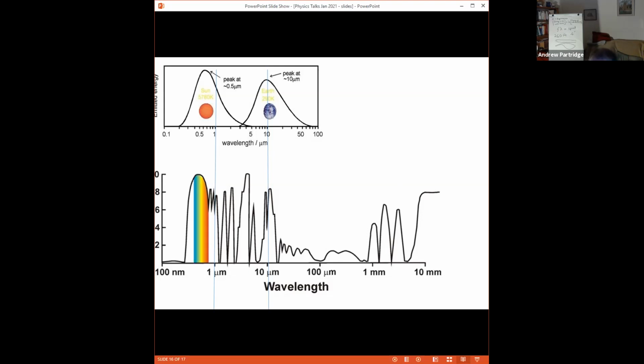I gather that 5G, they're talking about 40 gigahertz, which is sort of getting into here. 60 gigahertz, which I suspect on this scale is probably in this bit, is in there, because that happens to be where the absorption isn't too bad. But you see, even so, it's not as good as up there.